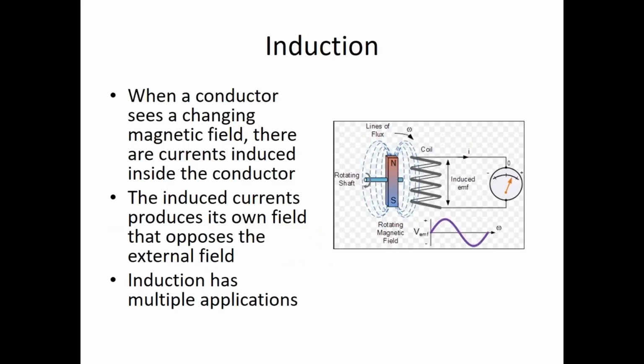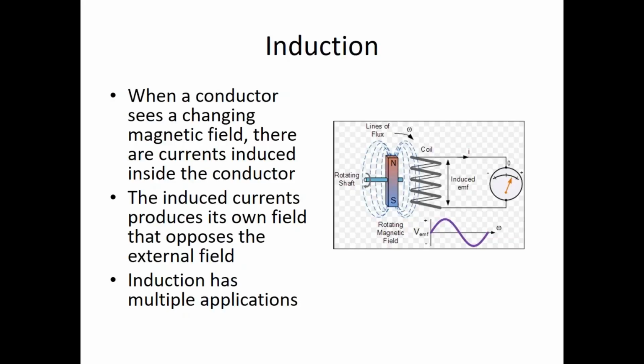Now let's talk about the topic of the day, which is induction. When you briefly want to explain to someone what induction is, this image here on the right side will give you a good idea. In a nutshell, when there is a time varying magnetic field, whenever there is a change in the magnetic field, and a conductor material is exposed to this change, then you will have some induced currents in this conductor material.